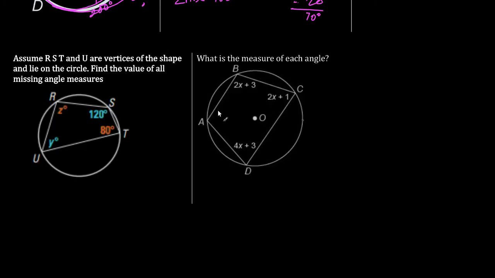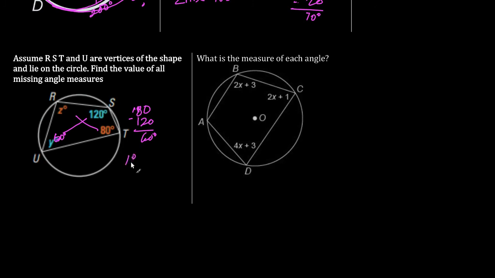All right, almost done. So we know that these two add up to 180. 180 minus 120 is 60 degrees. Y is 60 degrees. We can take 360 and subtract these three to get that. But let's try it the other way. Those two are supplementary.